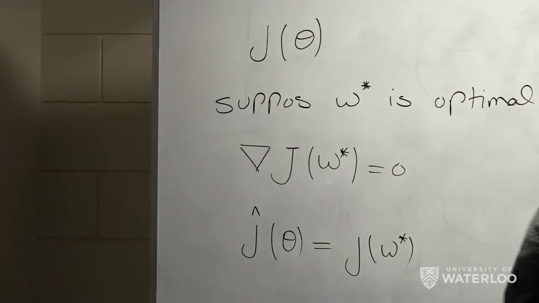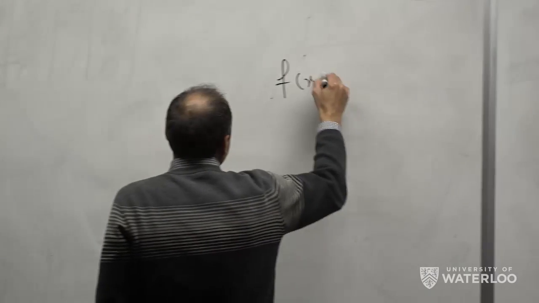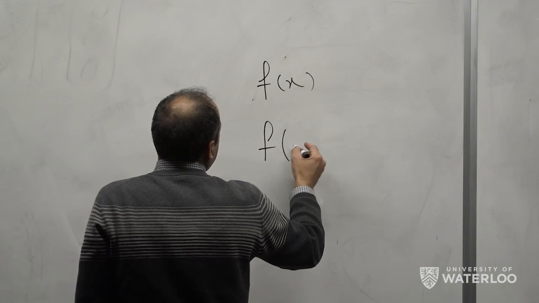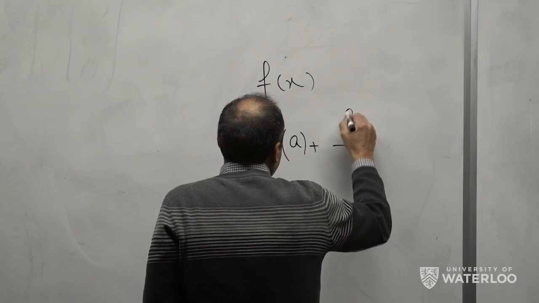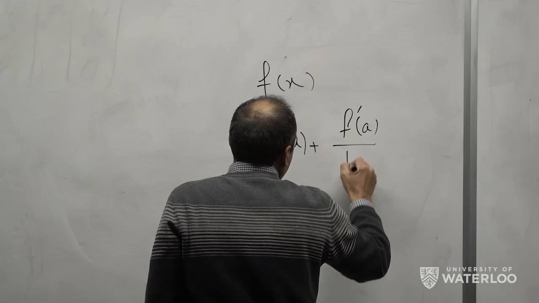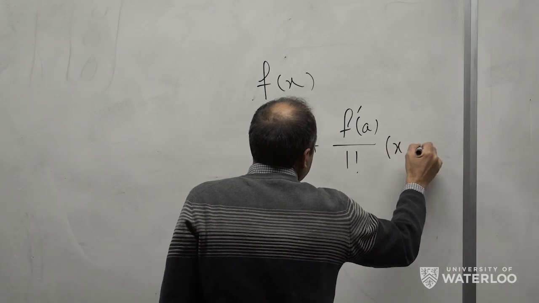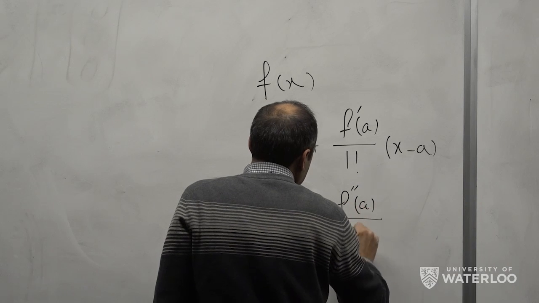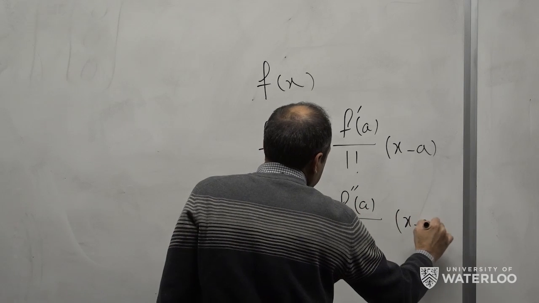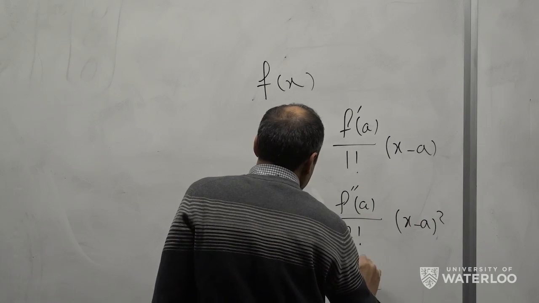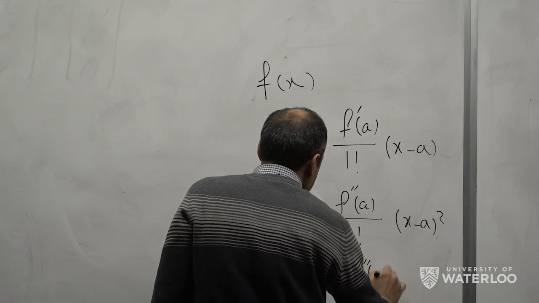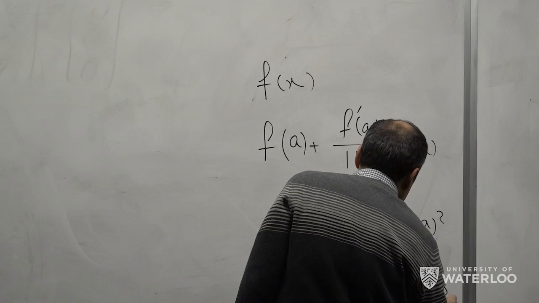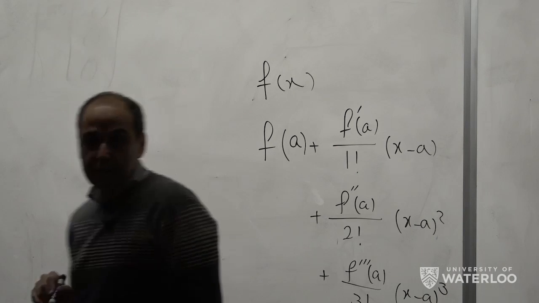You remember for a function F at point A, it's F(A) plus F prime A over 1 factorial times (X minus A), plus F double prime A over 2 factorial times (X minus A) squared, plus F triple prime A over 3 factorial times (X minus A) cubed, and so on, right?